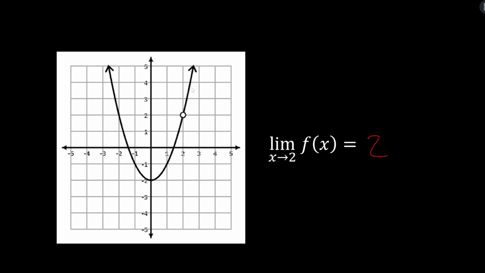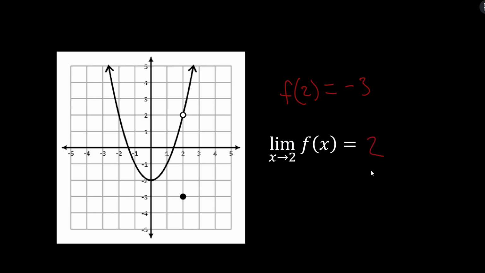As we approach from the left and we approach from the right, the y values get closer to 2. Finally, the function could be defined in some other place, right? In this case, f of 2 is defined. It wasn't in the last example, it is this time, but it's negative 3. Way down here, there's this single point. However, the limit from the left and the limit from the right are still each 2, and so the two-sided limit is 2.